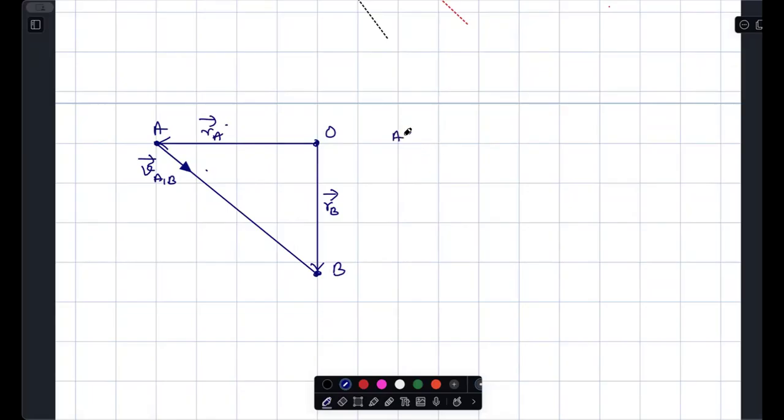Now, what about AB bar? Remember, AB bar is OA bar minus OB bar, which means RA bar minus RB bar. I repeat, there is no confusion here. I want you to see the triangle.